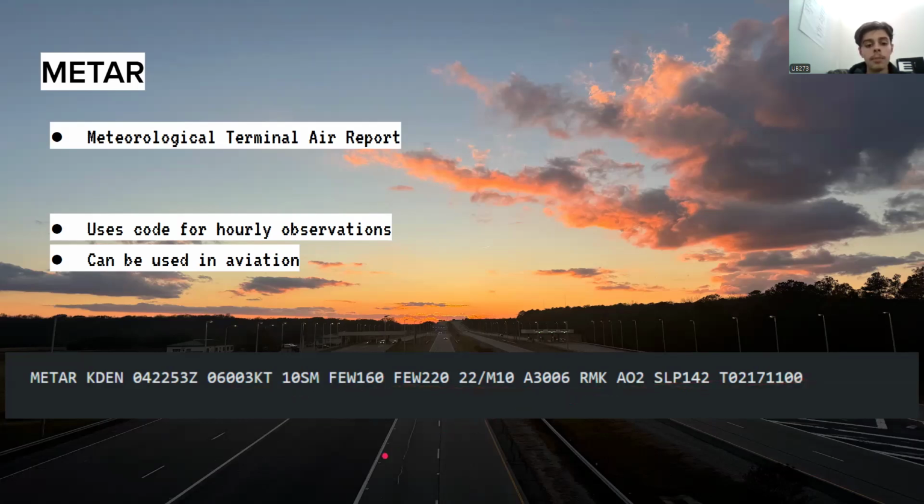For example, this one, FEW, I don't know why I spelled it out, we're going to identify as the octa that is few clouds. You don't actually have to know what this means for this course, but you just want to know what it is.